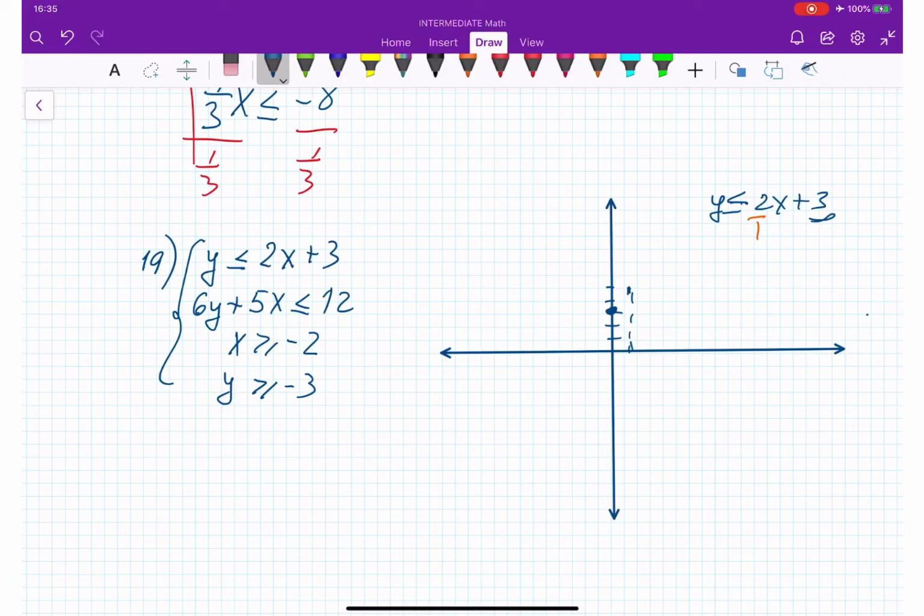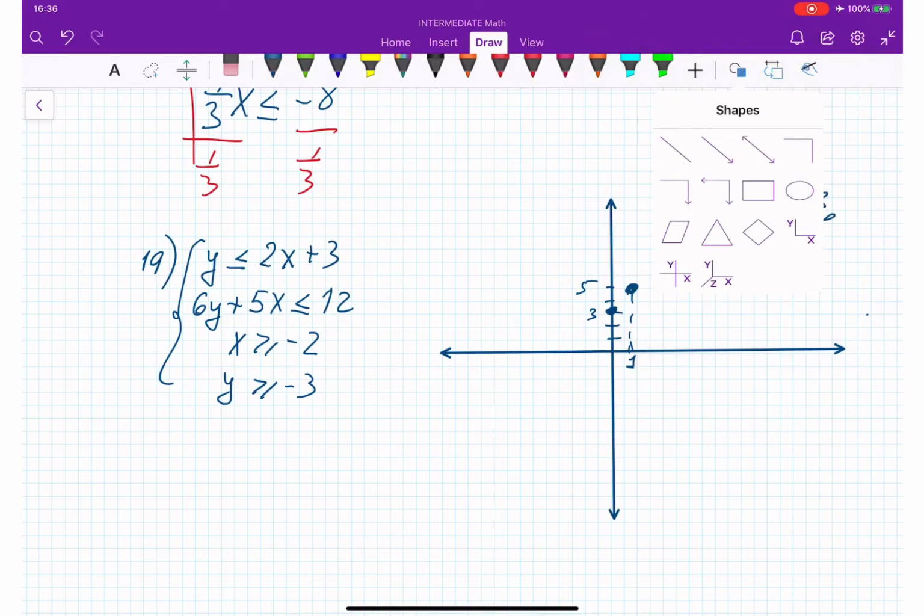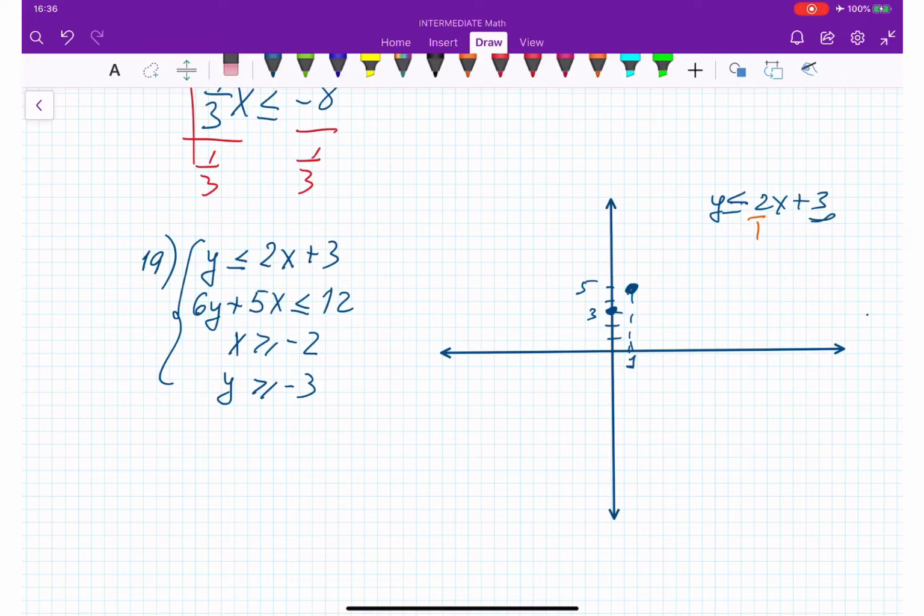So this is 3, up by 2 is 5, and here coming 1. Here is this graph. This is the first graph. Second one, I'm going to highlight.